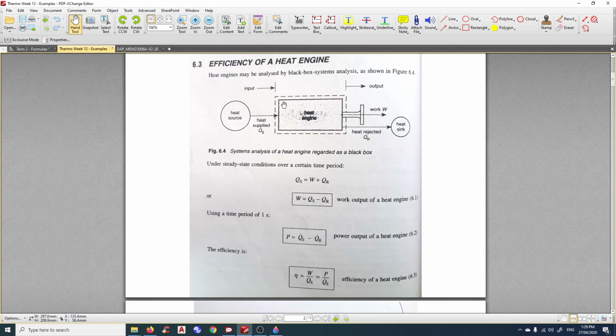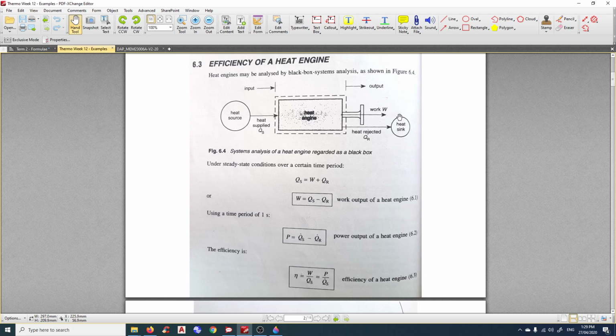Now, for your information, if we look at the components of this heat engine, we have a heat source, then heat being supplied through a medium, whether it's gas or water or whatever, going into the heat engine.